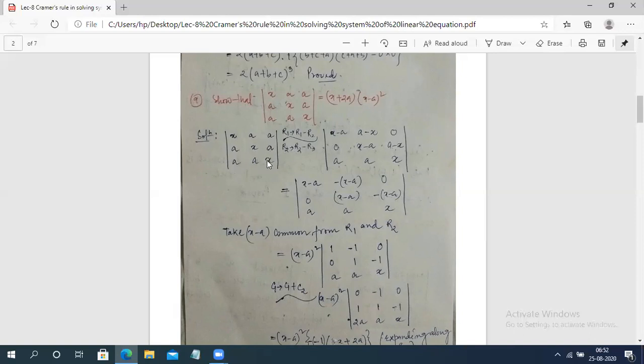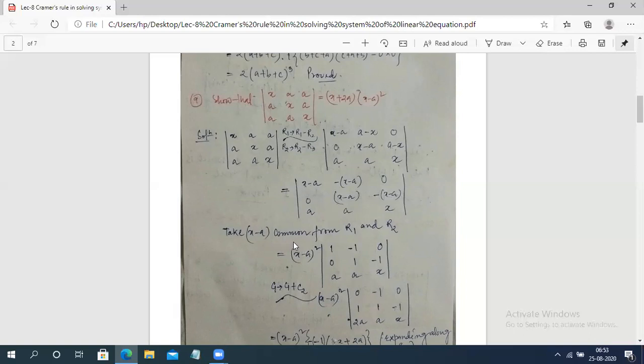There is no change in R3, so write the terms as it is, a a x. Now we can write these terms like this also, taking minus common. You have to prove x minus a, so write those terms of a minus x in the form of x minus a by taking minus common.